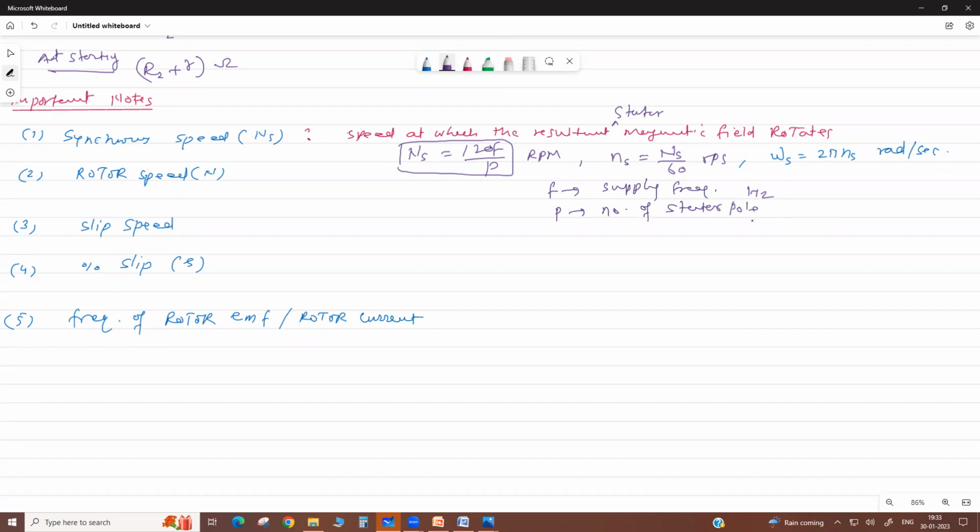Okay, now this n is the actual motor speed at which the rotor rotates, and this is always less than the synchronous speed.